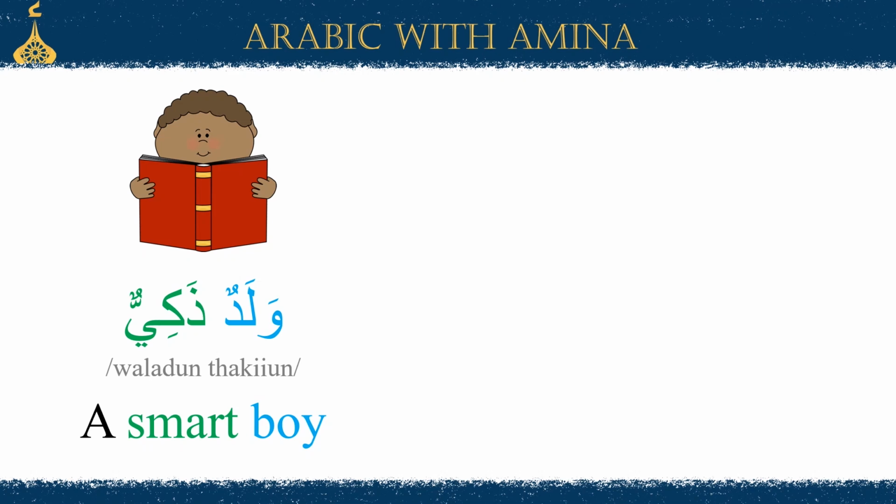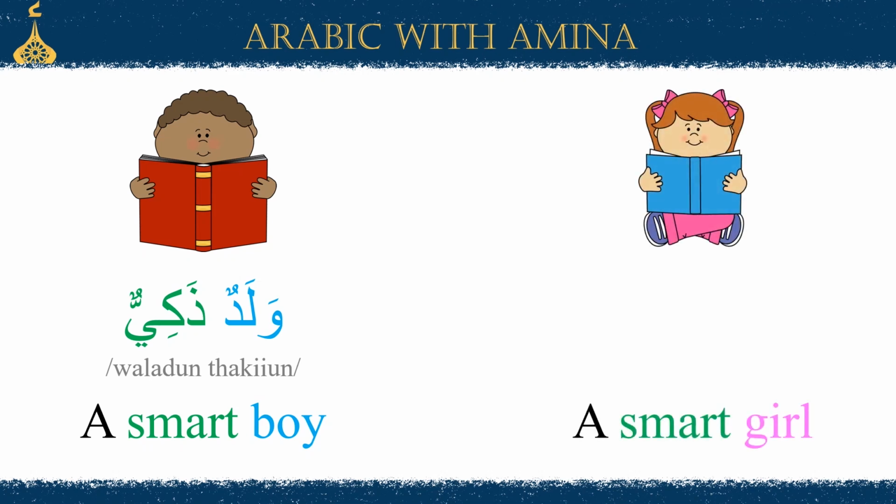If we were to say a smart girl, we are now talking about a feminine noun. So we must use the feminine form of smart. So we would say bintun ذكية. Notice how we use the feminine form of smart, which is ذكية.